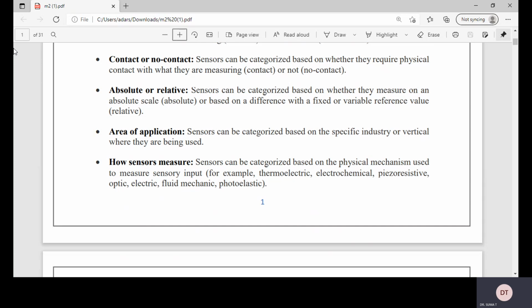Sensors can be categorized based on the physical mechanism used to measure the sensory input. For example, thermoelectric, electrochemical, piezoresistive, optic, electric, fluid mechanic, and photoelastic.